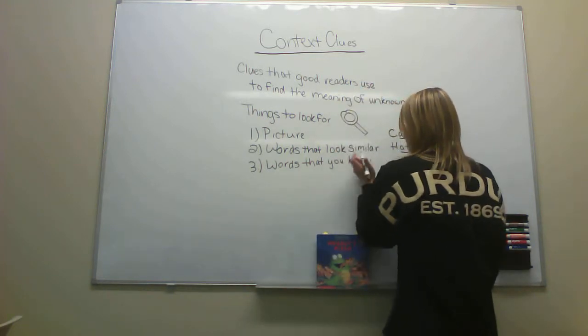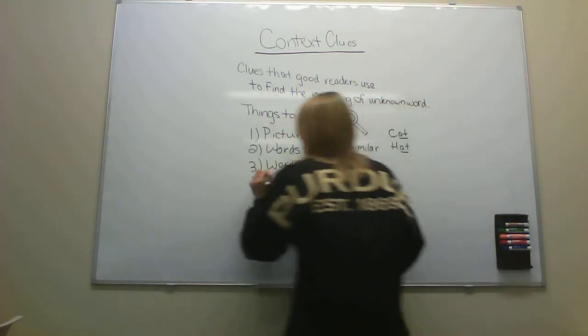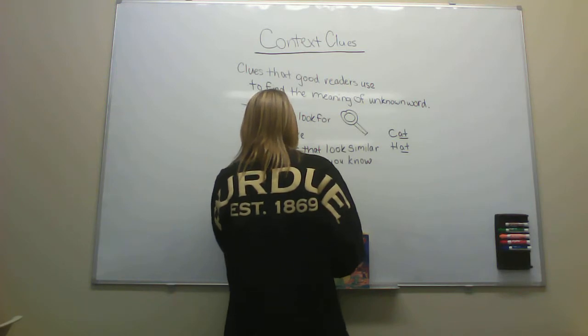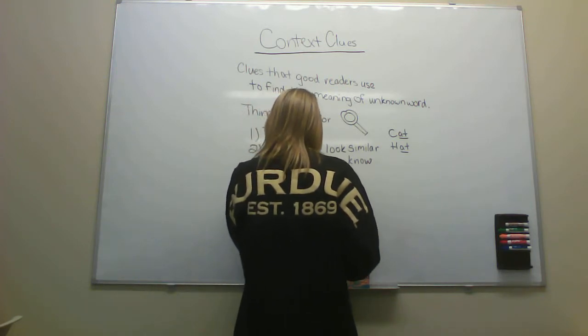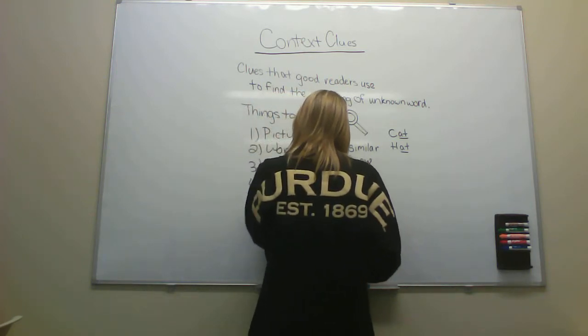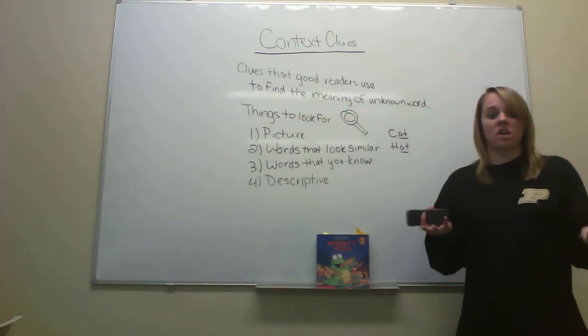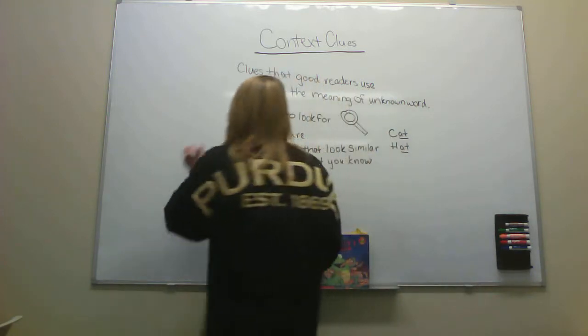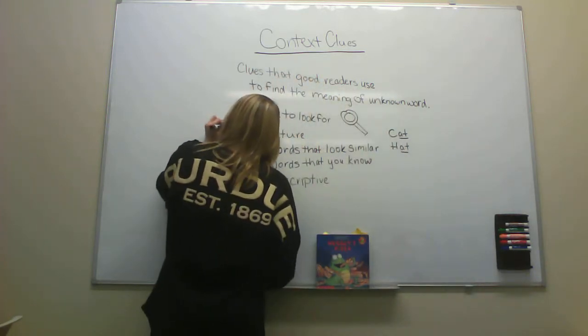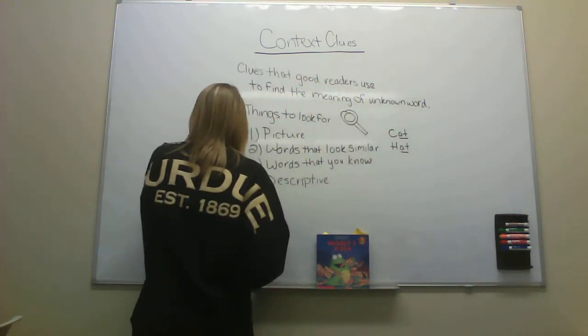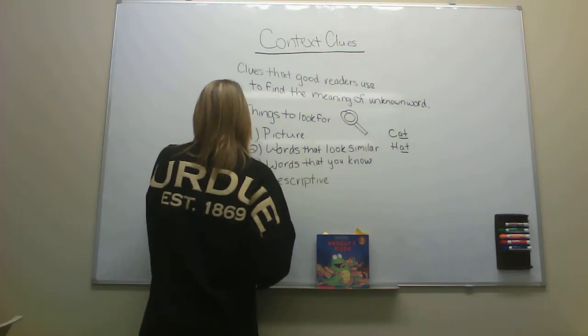And finally, the last thing are descriptive words. Descriptive words could be colors or anything that describes what a word is that could help you figure out exactly what is being said.